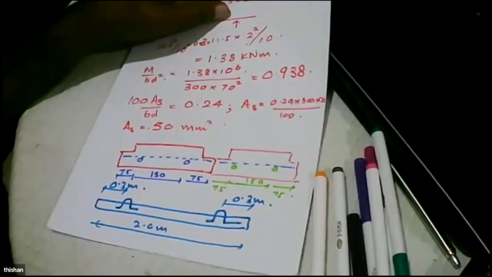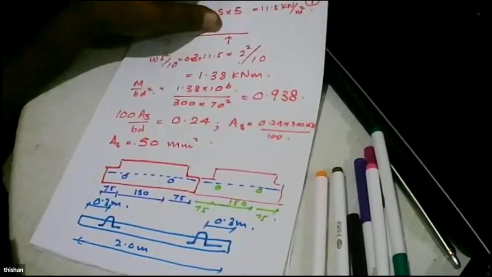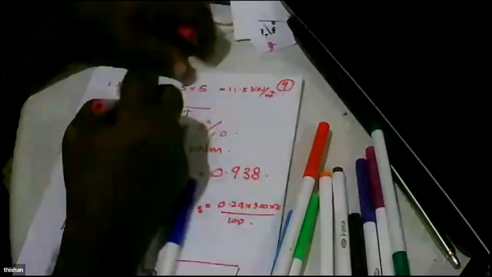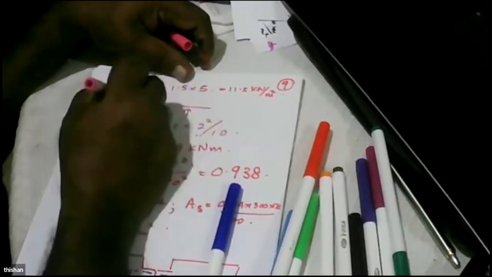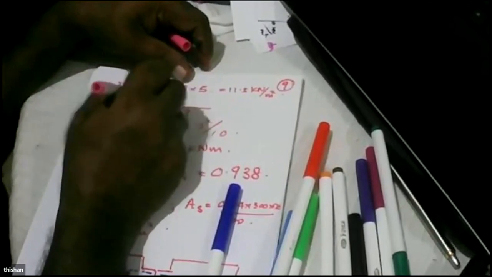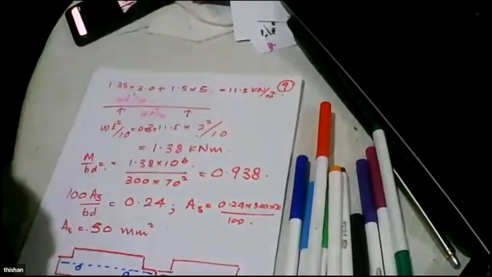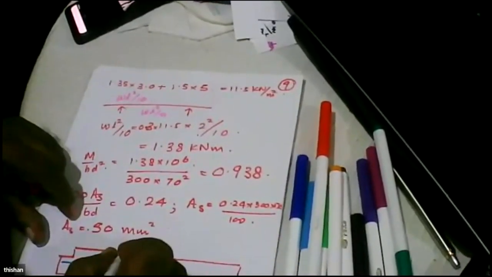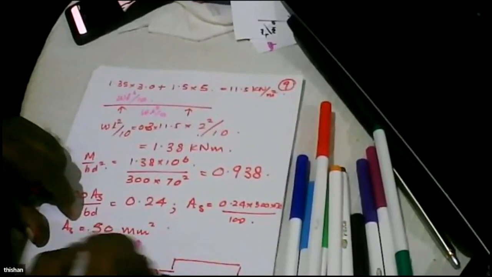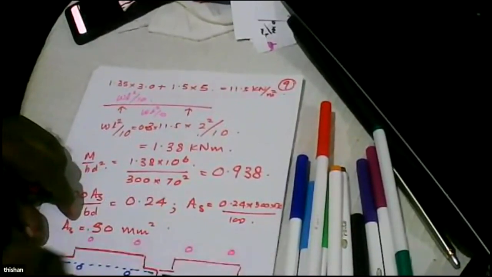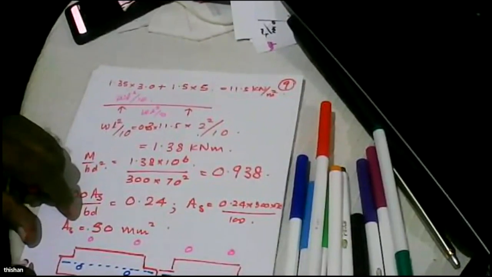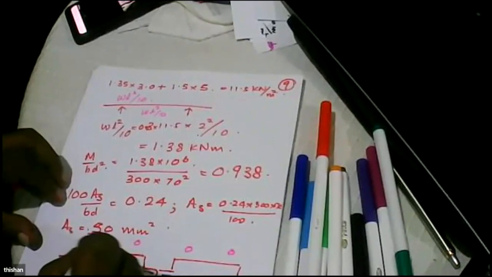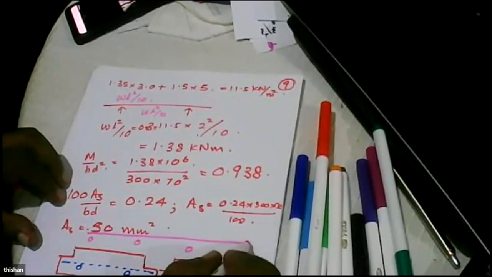So we have this. Then what is the continuity moment? The continuity moment will be W L squared over 10 here, and W L squared over 10 here. So then what is the top reinforcement? The top reinforcement will also be the same. And we complete it. 45 millimeters.